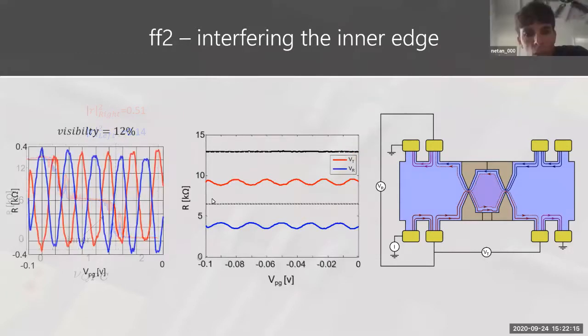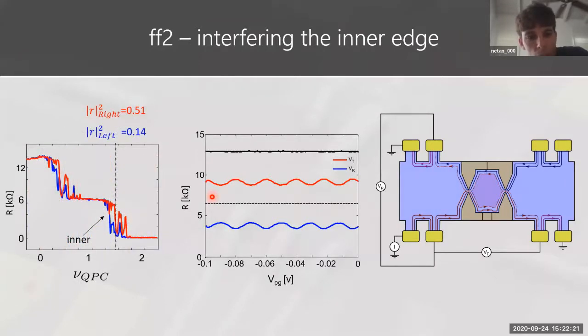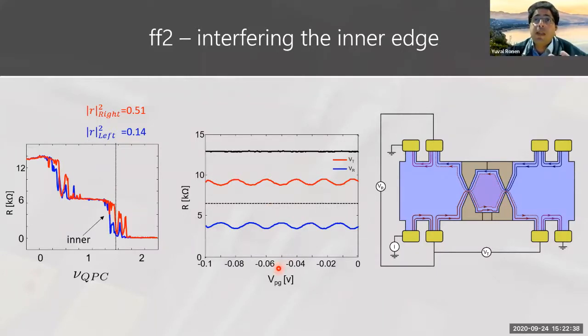Now, how do you know that by changing this gate you're not changing the transmission? It looks very unstable, the value of the transmission. There are lots of oscillations at the point of parking it. So how do you know that changing some other parameter doesn't do this? You mean like a cross capacitance measurement, right?